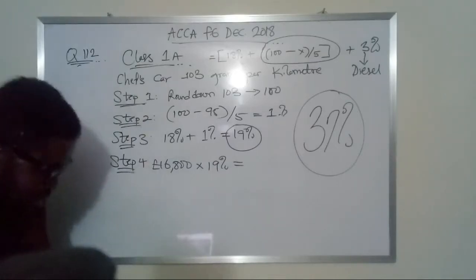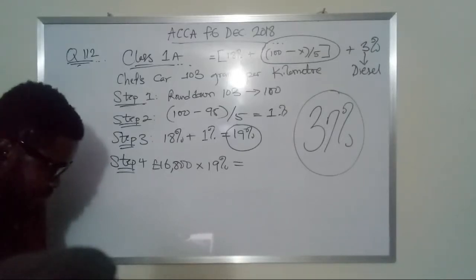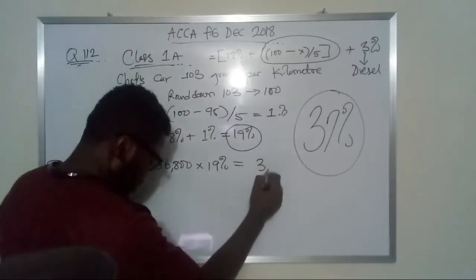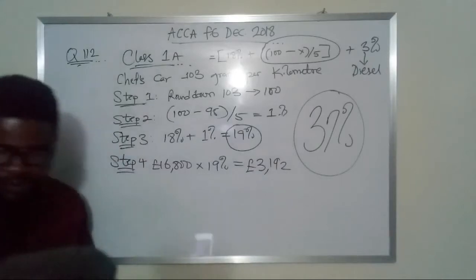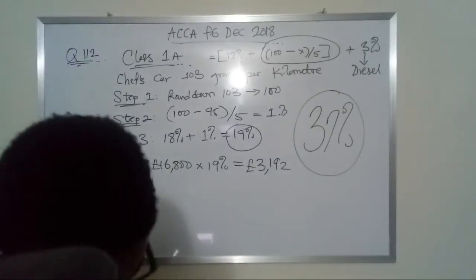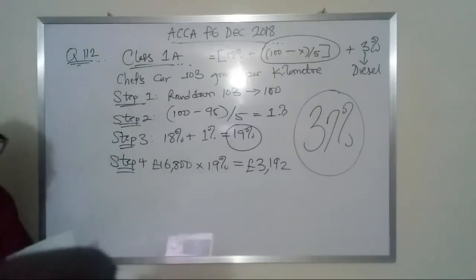So let's go back to this. 16,800 times 19% gives me 3,192. After I had this, in your mind, you think you're done. But let us go to the requirement of the question.